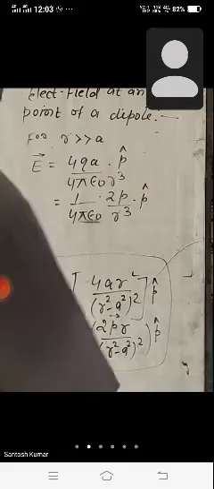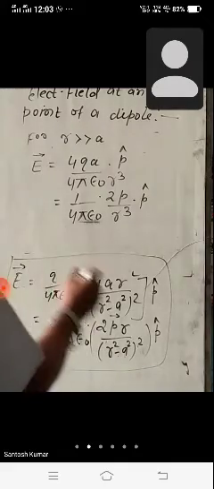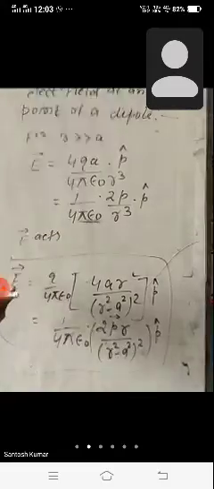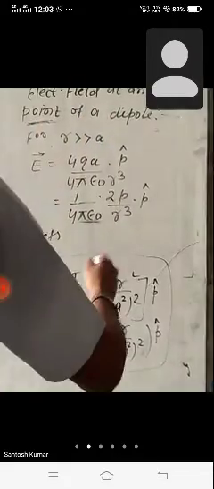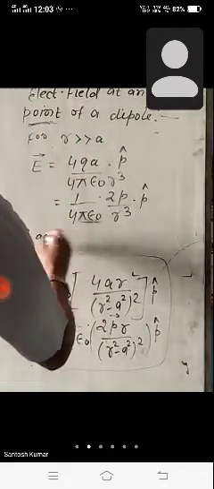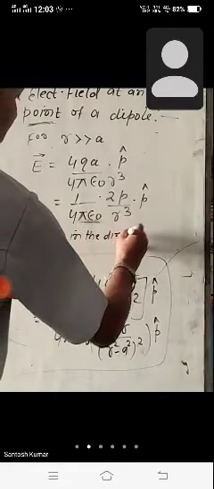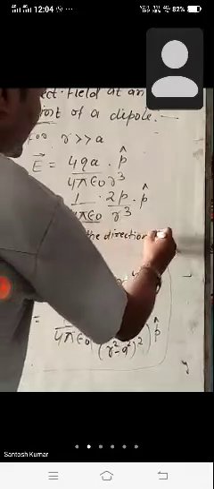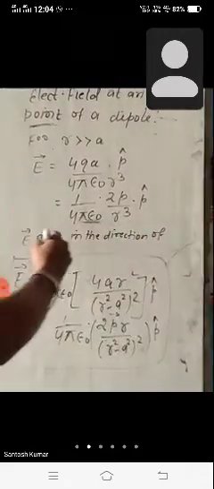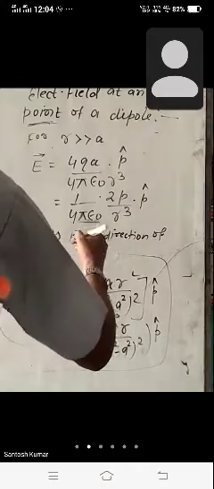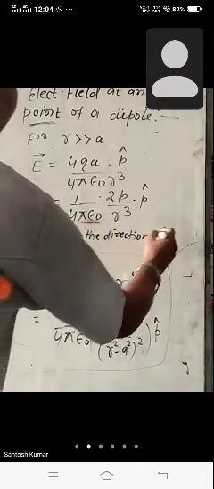So you can also write: E acts, this electric field, meaning the total field at the particular point P, acts in the direction of this P. E acts in the direction of this P.